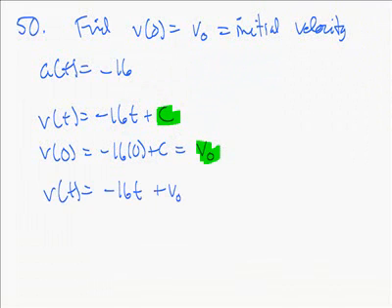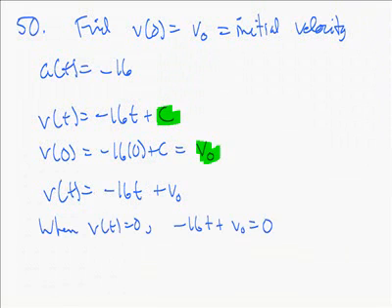So now, when is the velocity 0? When v of t equals 0, we have negative 16t plus v naught equal to 0. That means the time is going to be negative v naught over negative 16, or just the initial velocity over 16. The problem with this problem is that we don't know the initial velocity.